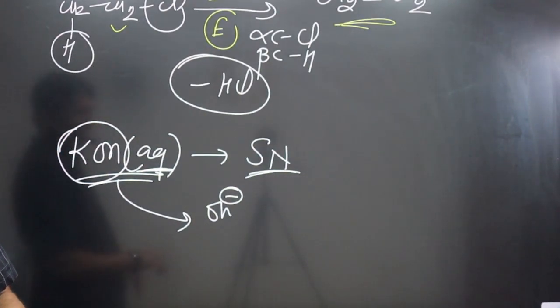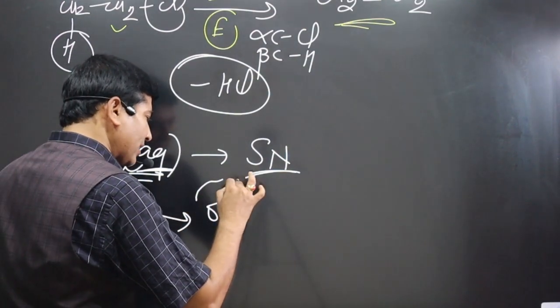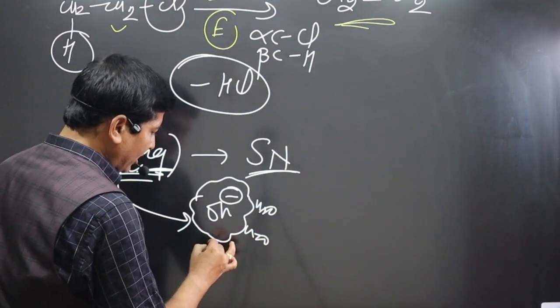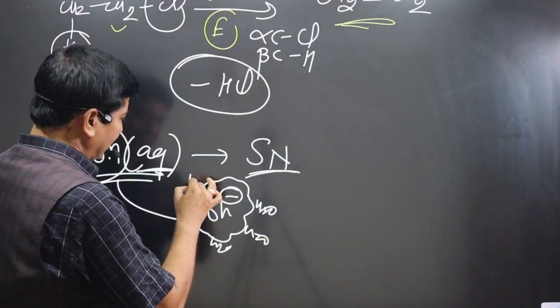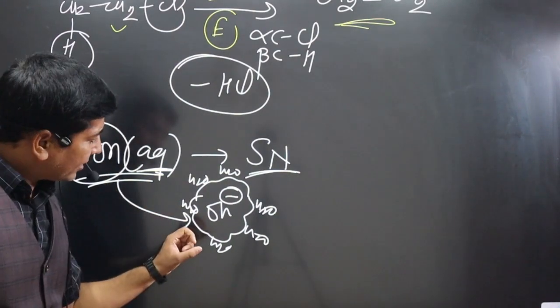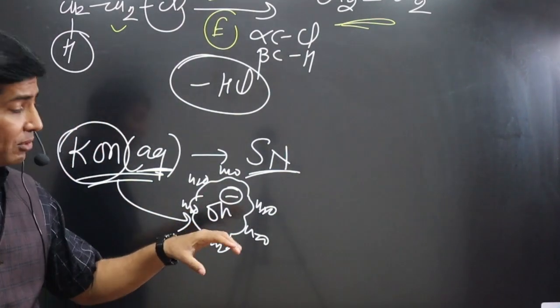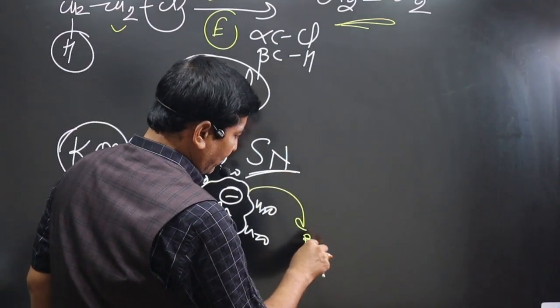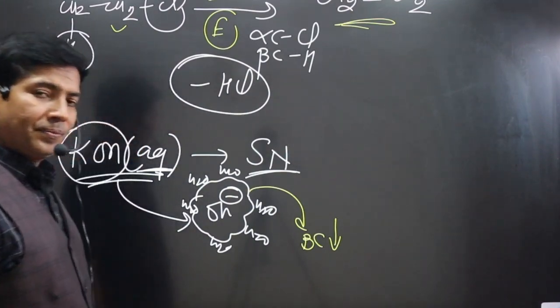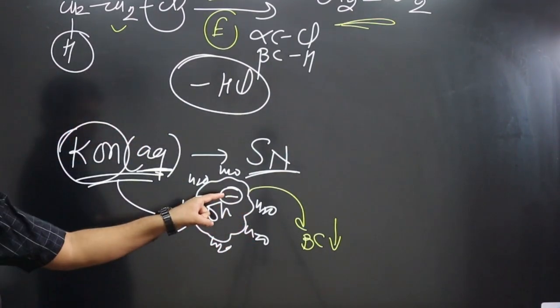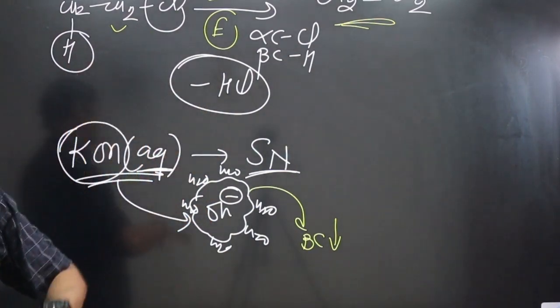But the problem is, aqueous medium is there, so the OH minus ion is surrounded by water molecules. It gets hydrated. So the tendency to behave as a base decreases, its basic nature decreases on being hydrated. Hence it acts as a better nucleophile, because oxygen also has a lone pair. Here it has a negative charge, it can donate electron density in bulk.